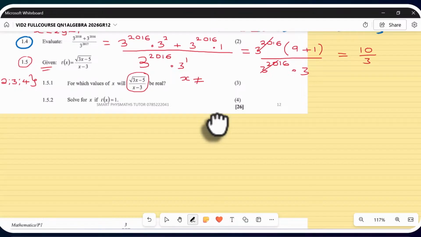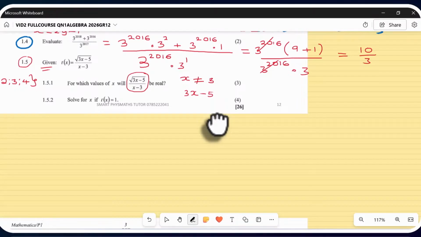So here, I have the root of 3x minus 5 over x minus 3, and then equals to 1. So if I cross multiply, I'm going to say 1 times x minus 3.